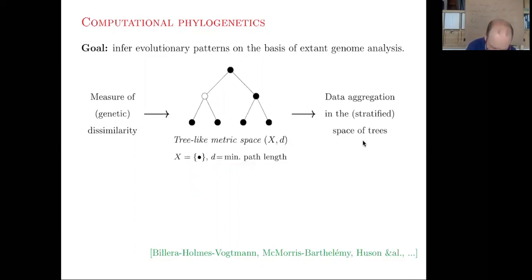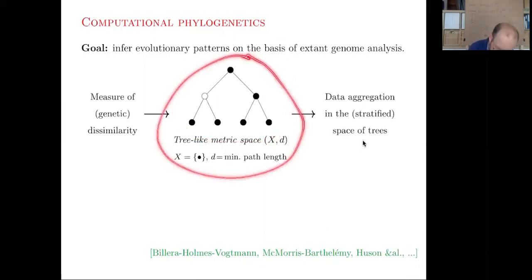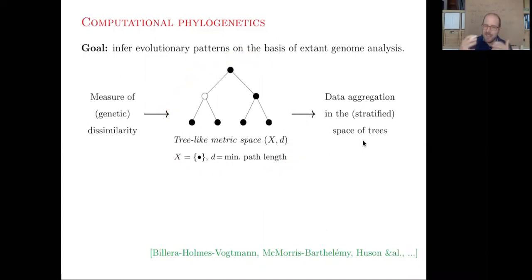And the Darwinian paradigm tells us that what we should get is a tree, some kind of metric space that can be represented by a tree. It is usual to put the root of the tree at the bottom and the leaves at the top, or the root at the top and the leaves at the bottom.